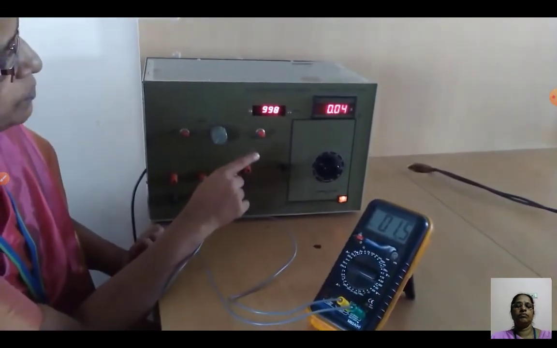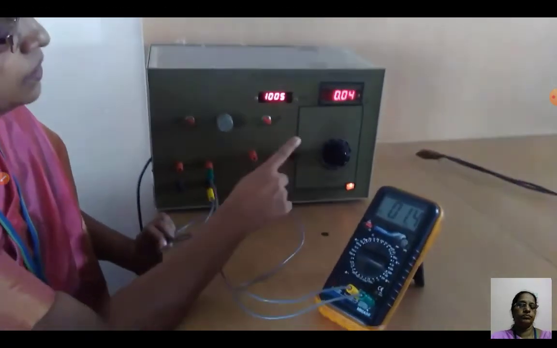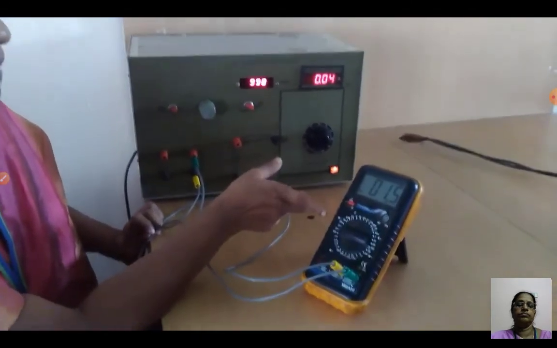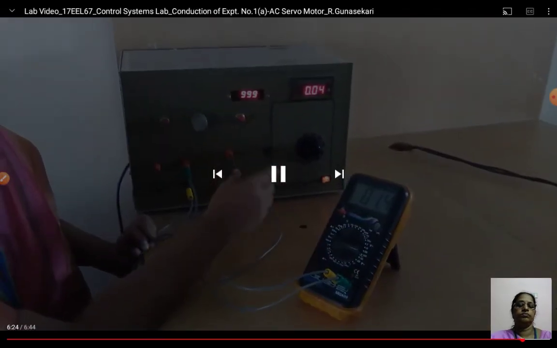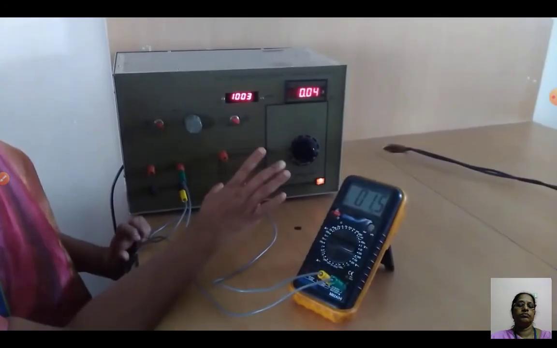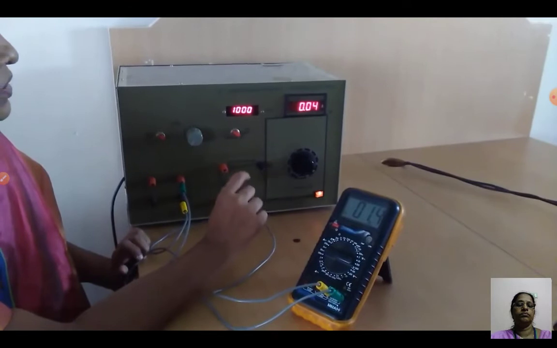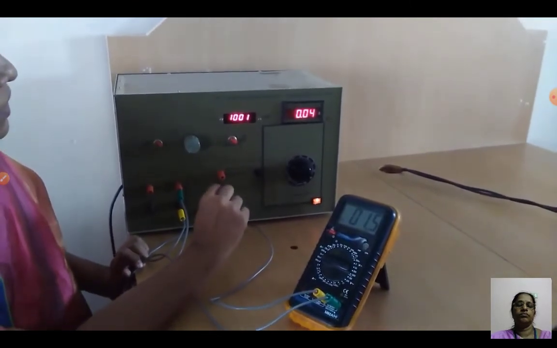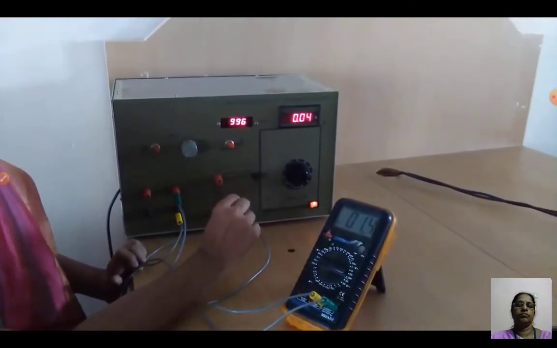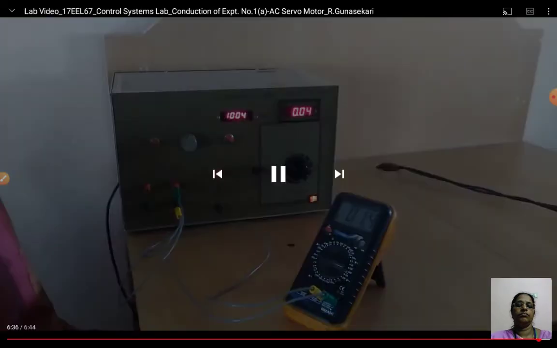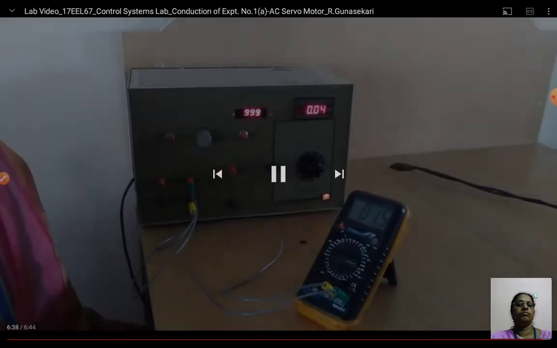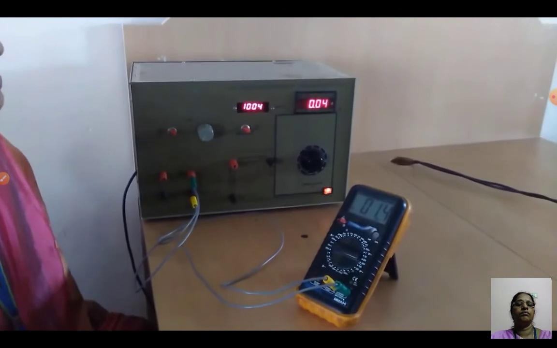Note down the corresponding speed, current and back EMF and tabulate them. By using the torque formula you calculate the torque, which is tabulated in the tabular column. Then the result: the AC servo motor speed torque experiment is conducted and the speed torque characteristics of the AC servo motor are drawn.